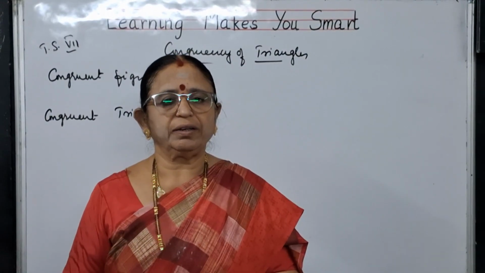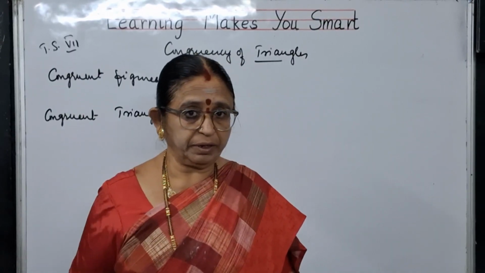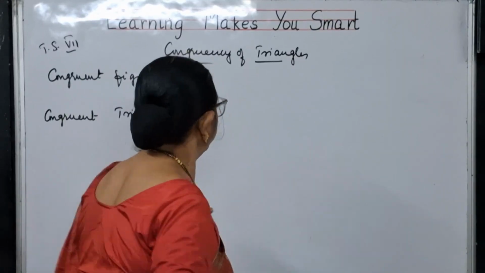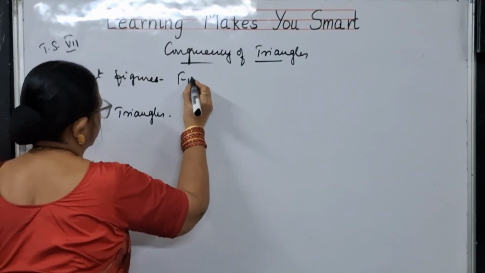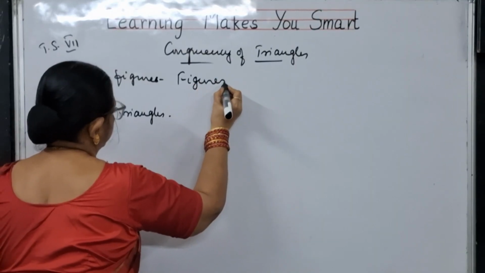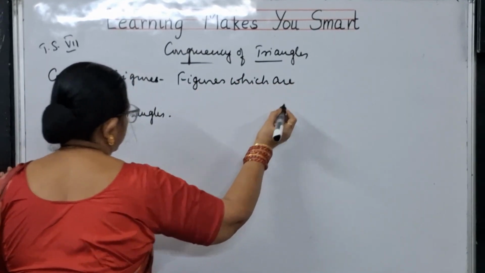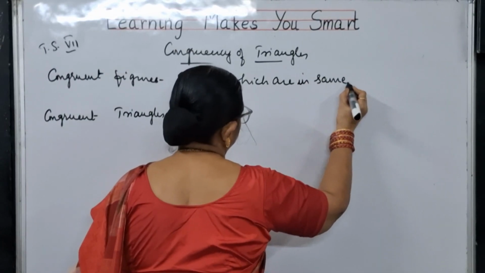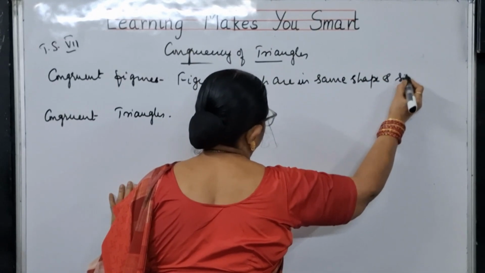Continuing with 7th class mathematics, new chapter, 8th chapter, congruency of triangles. So what is the meaning of congruency? Congruent figures means the figures which are in same shape and size.